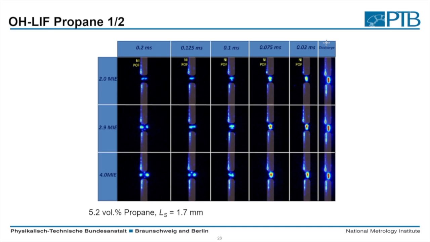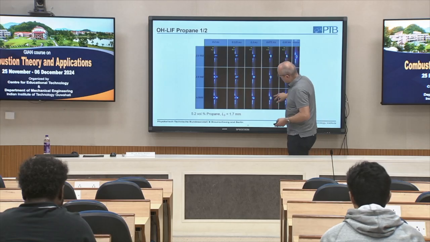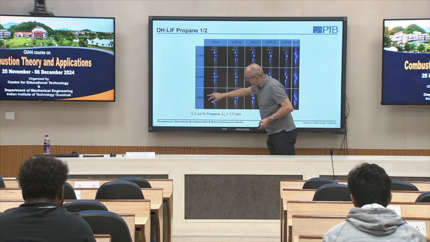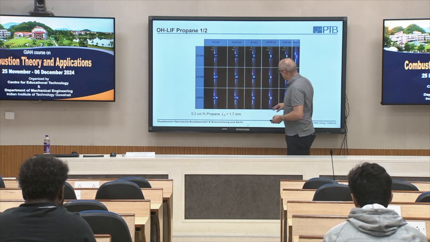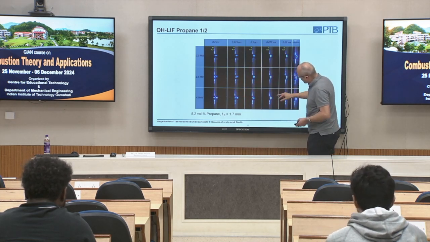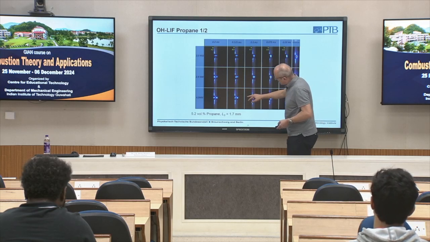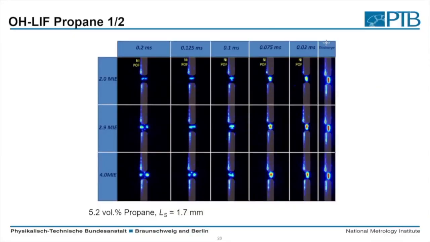So here is the discharge, here we see of course the plasma, and then the temporal evolution goes in this way. So here we have hot gas in the center, and then here we have already the formation of hot pockets outside this hot kernel.